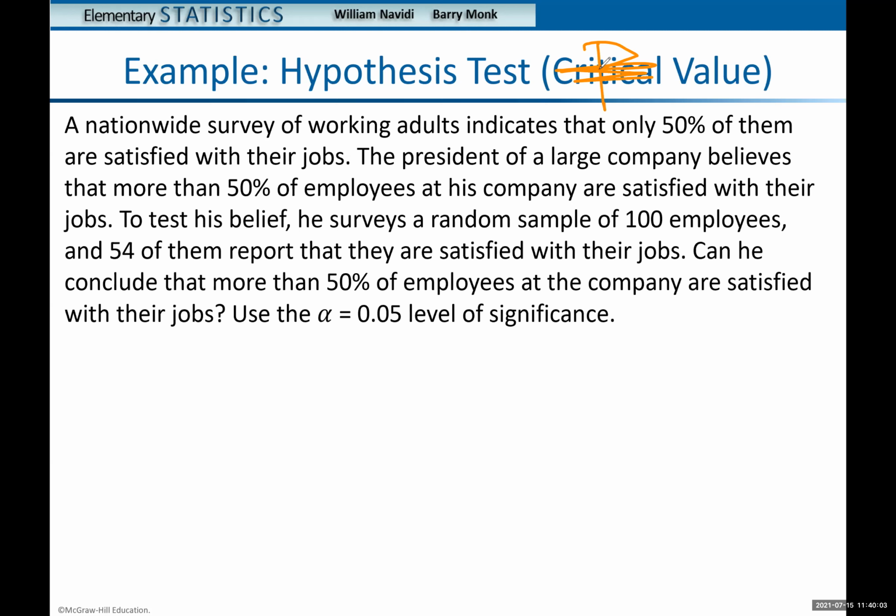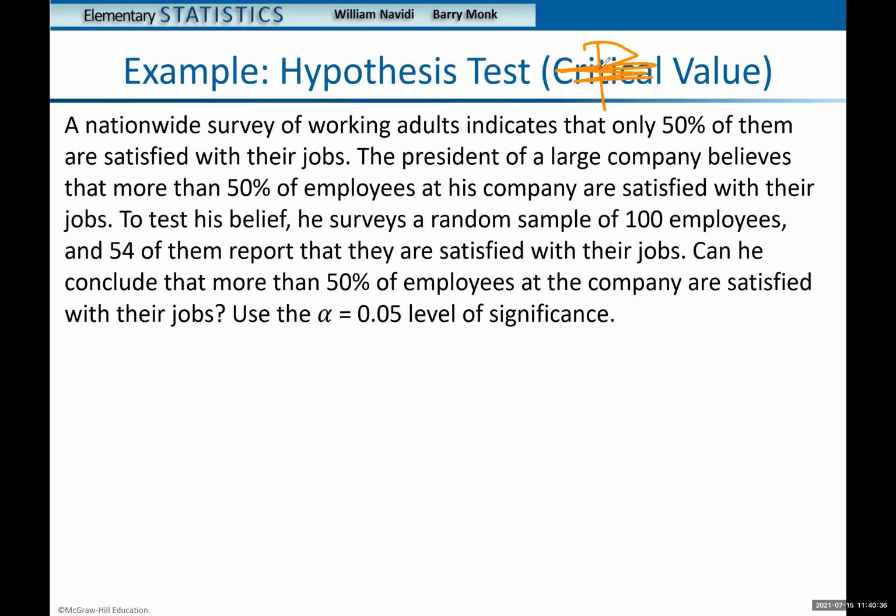Volunteer, read the problem. A nationwide survey of working adults indicates that only 50% of them are satisfied with their jobs. The president of a large company believes that more than 50% of employees at his company are satisfied with their jobs. To test his belief, he surveys a random sample of 100 employees, and 54 of them reported they are satisfied with their jobs.